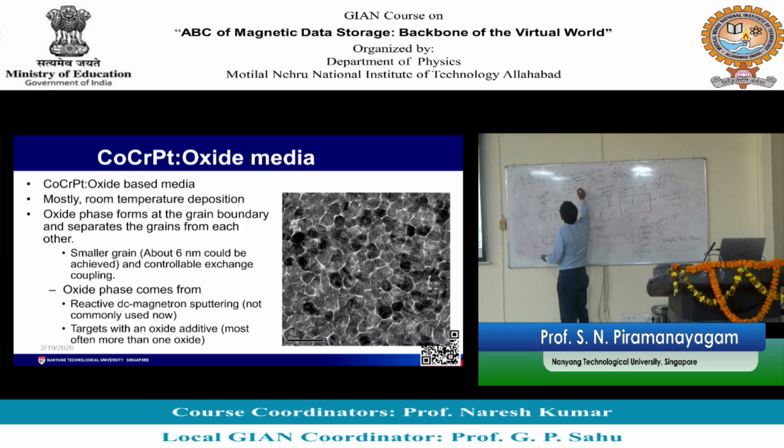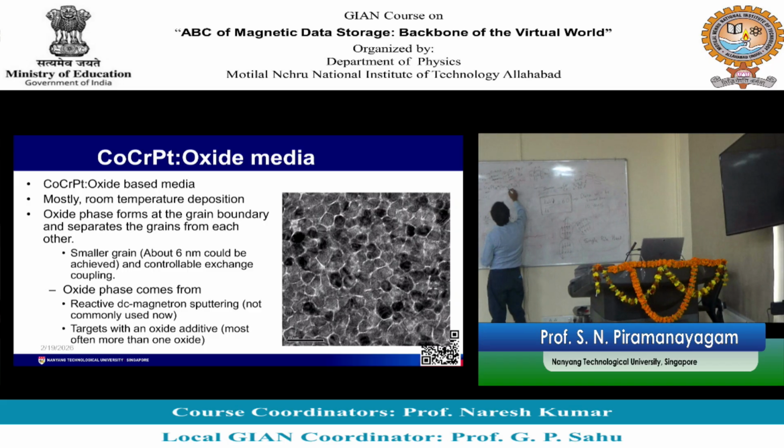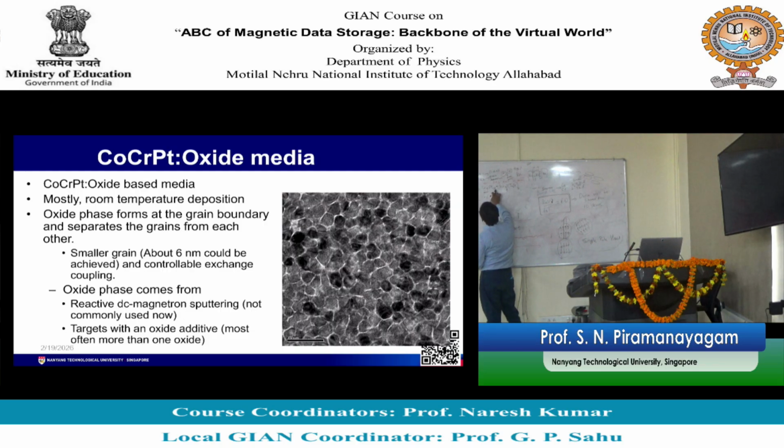Platinum could be around 18 atomic percentage, then some form of oxide. These days we have more than one oxide, so you may have a mixture of silicon oxide, tantalum oxide, something like this, let us say 4 atomic percentage.